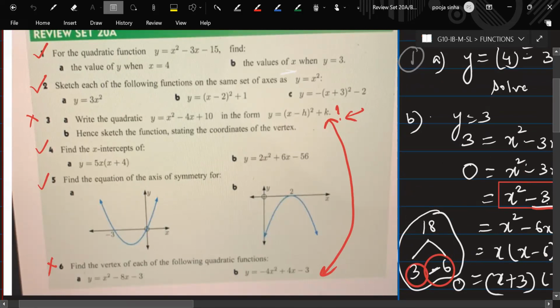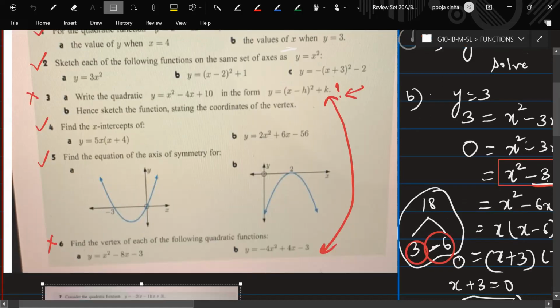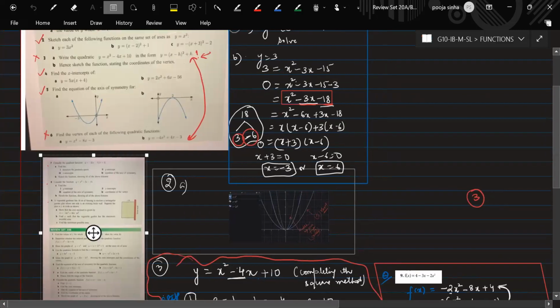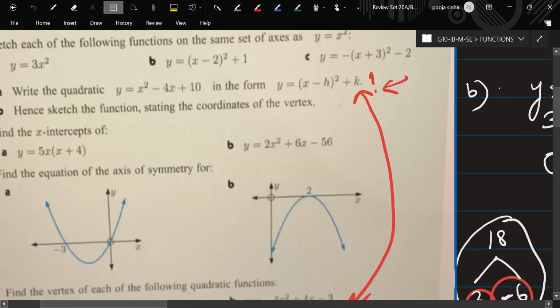So 16 minus 12 minus 15. You just need to plug in the values. First question, no rocket science. Second question, sketching this graph. Wait, miss, can you go back to question one?